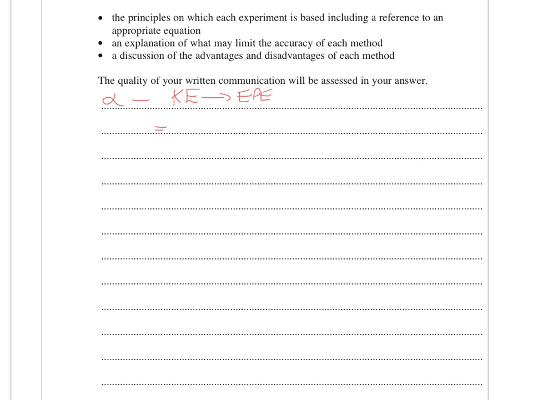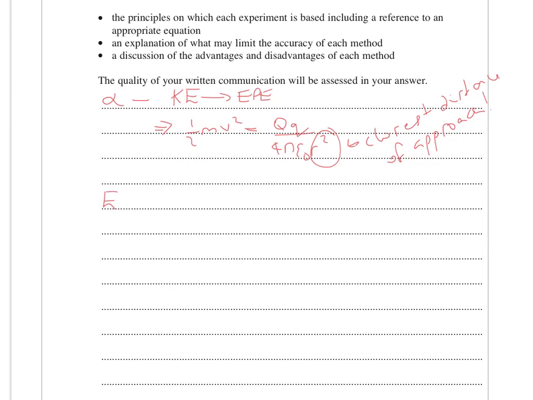If we know the initial kinetic energy, we can equate it to Qq over 4 pi epsilon-naught r, and this r gives us an approximation for the nuclear radius. So that's often called the closest distance of approach. That's what it's known as.